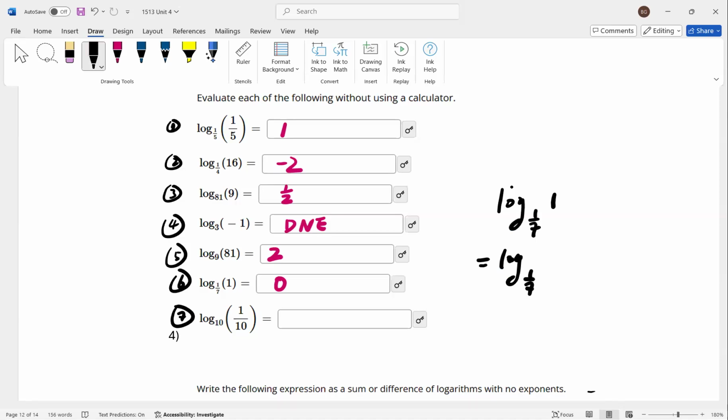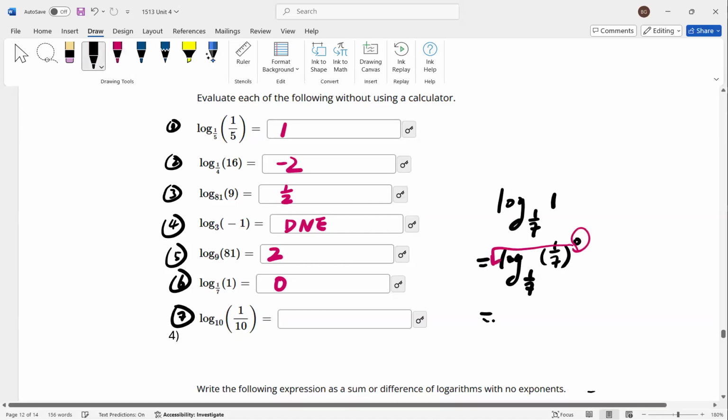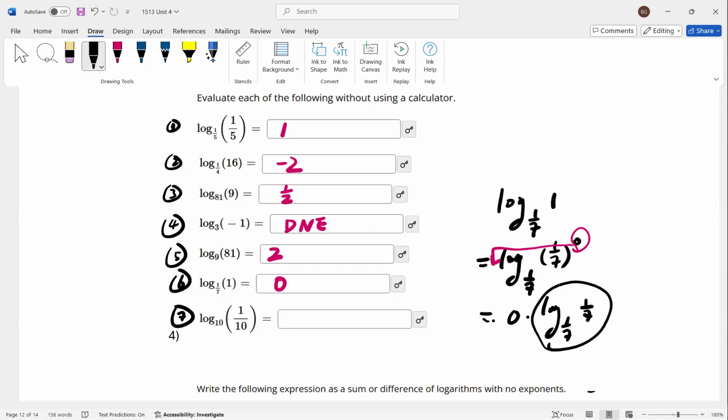In this case, we can write 1 as 1/7 to the power of 0. Then we use the power rule. We move the 0 in front of the log. Then we have 0 times log with base 1/7 of 1/7. It doesn't matter that this is 1, because 0 times that number is 0.